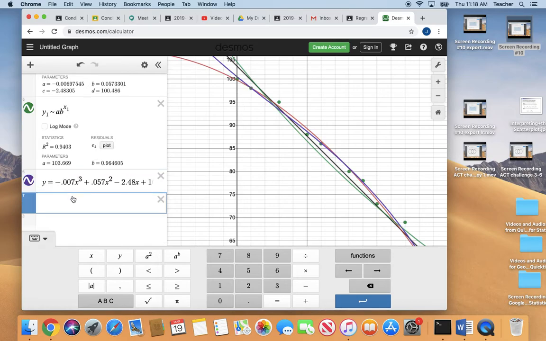If I want to predict, it says use the regression equation to predict the y value for each of the given x values. The first one says x equals 2 hours, so everywhere I have an x, I'm going to plug in 2.